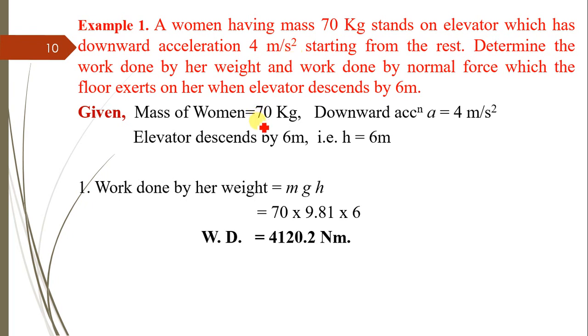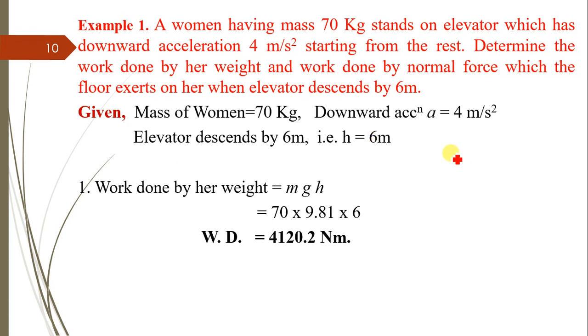Starting from rest, the initial velocity is 0. Determine the work done by her weight and the work done by the normal force which the floor exerts on her when the elevator descends by 6 meter. So the height is given as 6 meter.